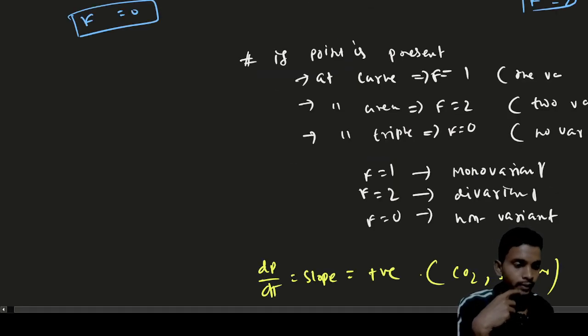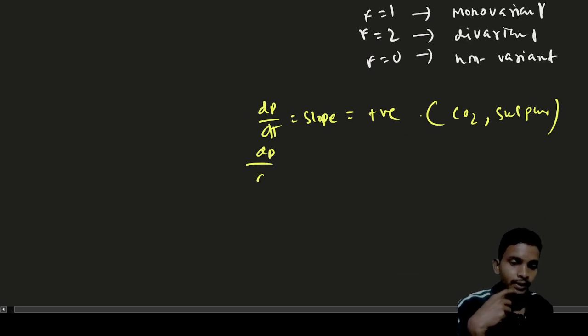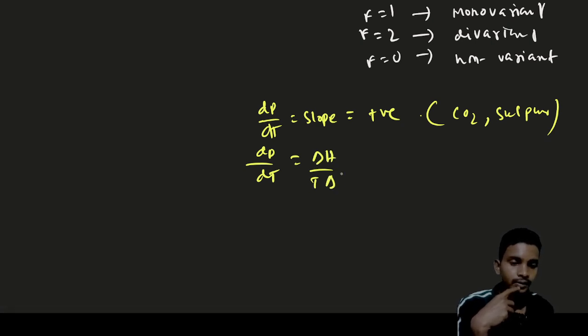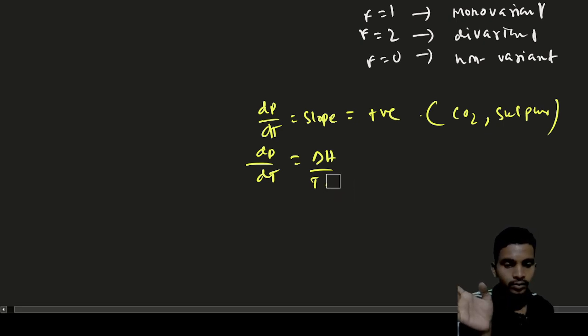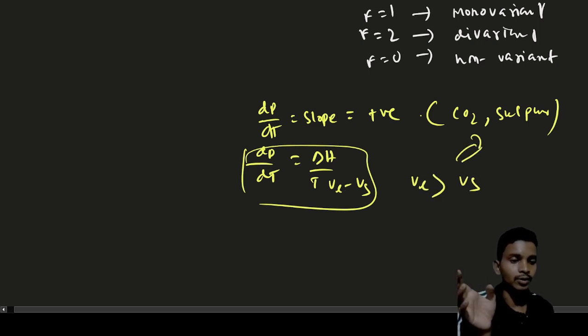You understand that dP by dT is going to be positive. We already discussed dP by dT is delta H by T times delta V, V liquid minus V solid. We discussed that V of liquid is greater than V of solid, and that is the example of CO2 and sulfur. So here the slope comes to be positive.